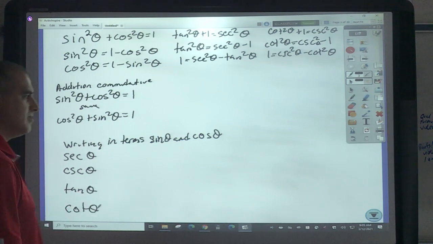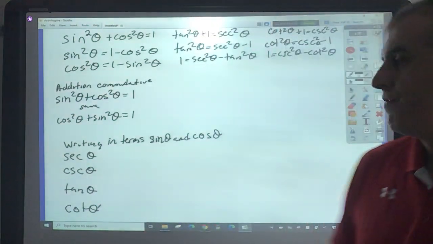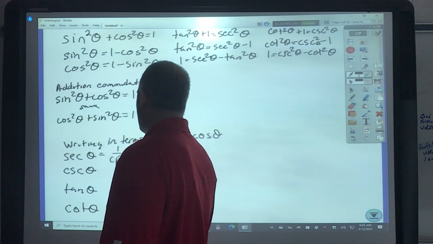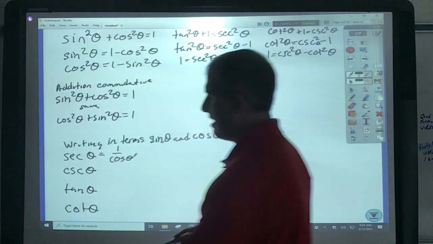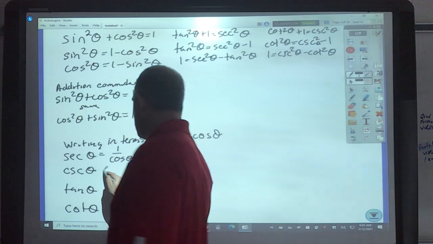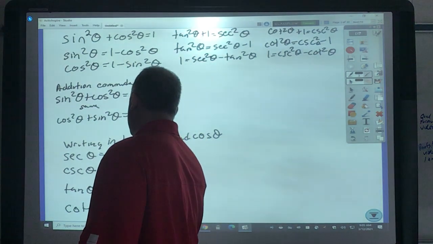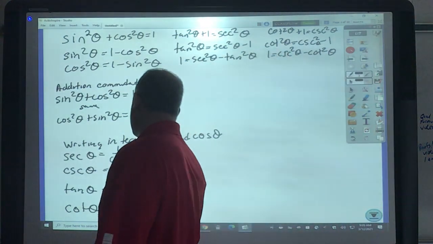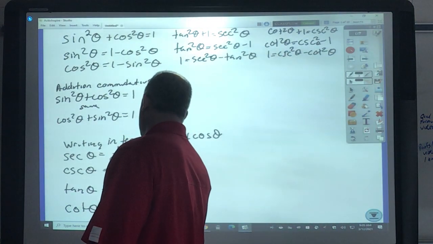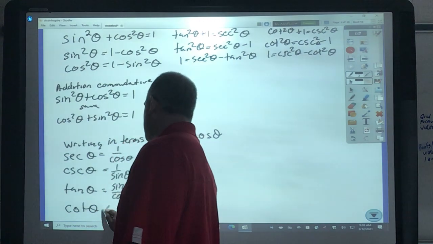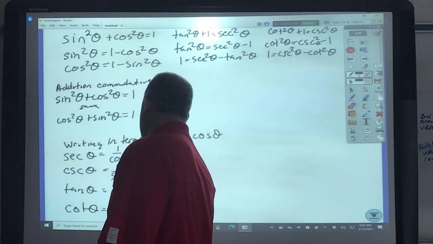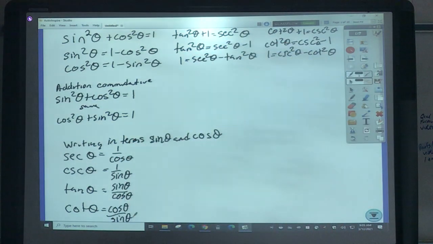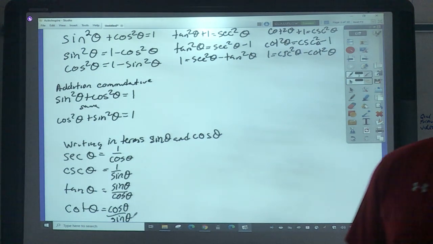These can all be written in the form of cosine and sine. For instance, secant is 1 over cosine. And vice versa, cosecant is 1 over sine. Tangent actually can be written as sine over cosine. And with that being said, cotangent can be written as cosine over sine. So that's something else that's going to be very valuable for you.